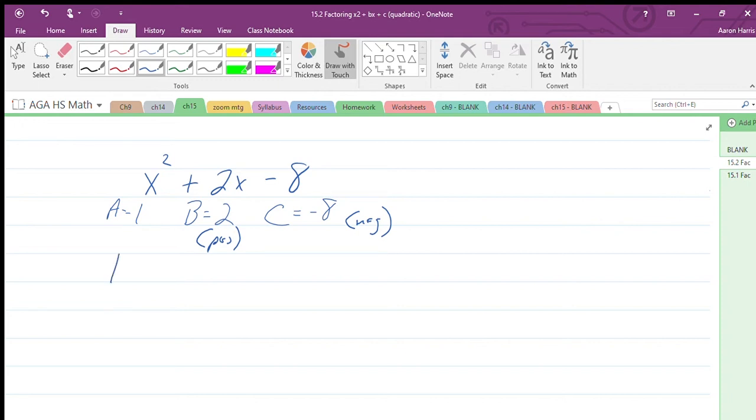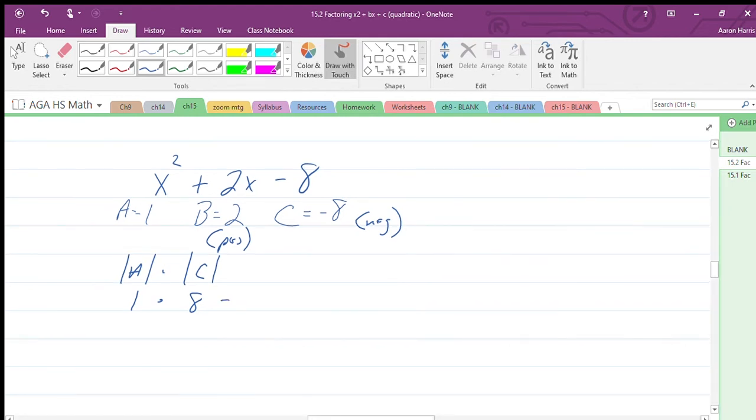So we still do absolute value of A times absolute value of what? C. That is 1 times 8, because the absolute value of -8 is 8. So I get 8. Okay, now I still take the factors of 8. So I get 1, 8, 2, and 4.